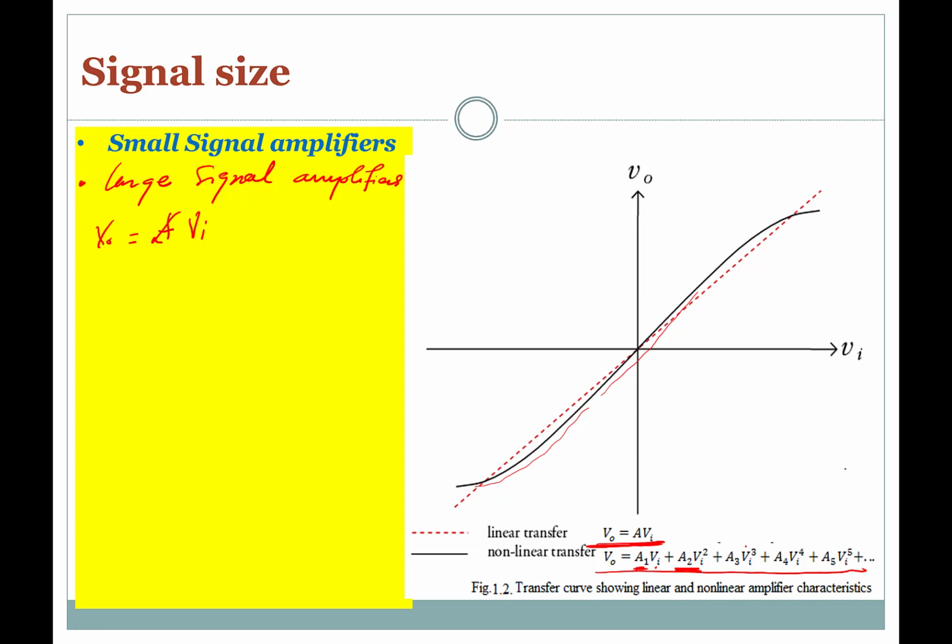So basically, these are just the basic classifications of amplifiers. We would leave this here, and then we would look at it further in chapter 2, where we would look at large signal amplifiers, which in some literature they would call power amplifiers.